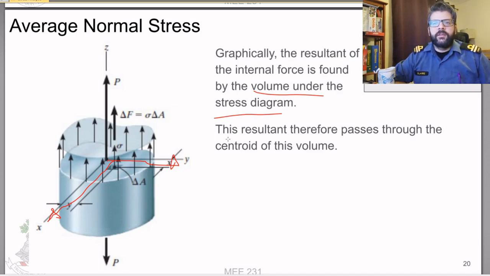And it's the same deal as we saw when we looked at our distributed loads previously. That resultant force passes through the centroid of that volume.